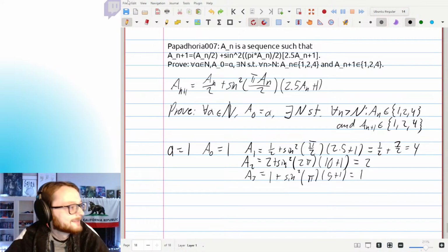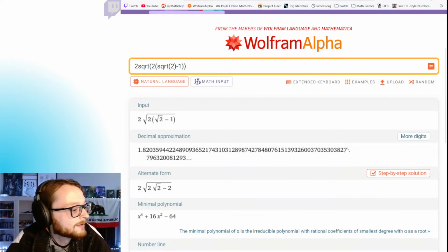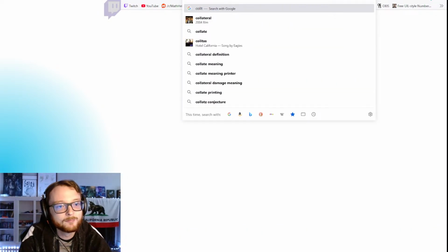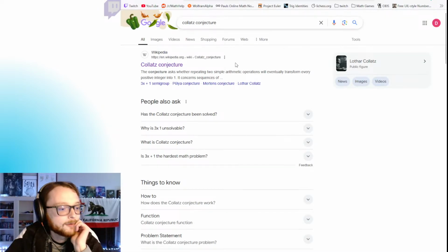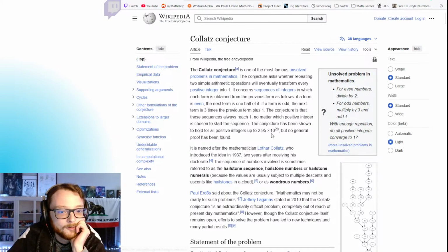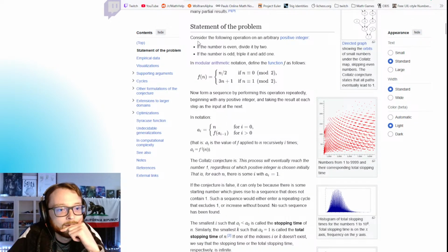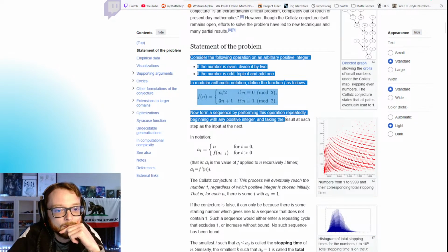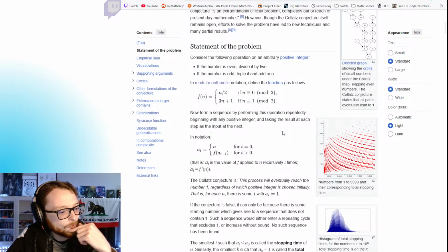The Collatz conjecture, with a Z. You had it right the first time. It's not really the exact same thing, but it feels like a similar idea involving sequences of numbers. And it's a famously unsolved problem. This is the actual statement of the function. Actually, oh, it's the exact same 1, 2, 4 sequence, I think.